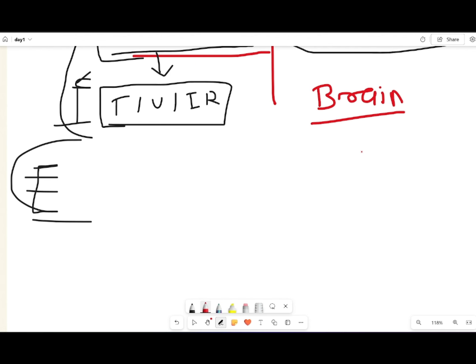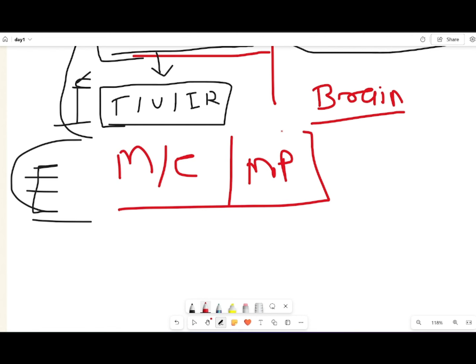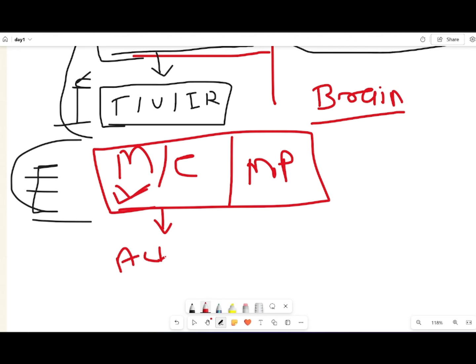So the brain can detect that and feel those things. Like that, a robot also has a brain-type thing called a microcontroller and microprocessor. We have two things, microcontroller and microprocessor, that act like our brain.